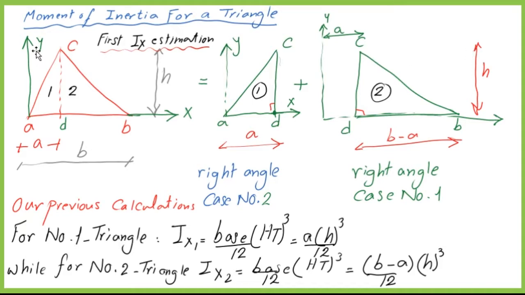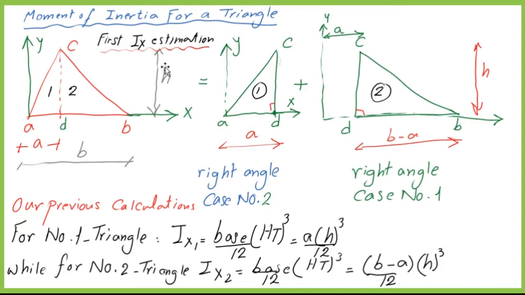But regarding the y-axis, we will find that this y-axis is at a distance equal to a from the side DC, and we can call this right angle case number 1.